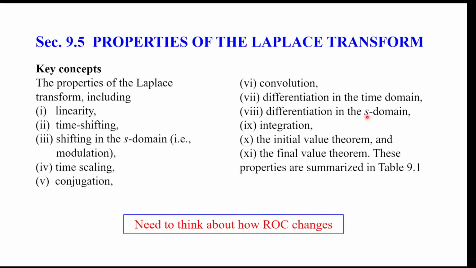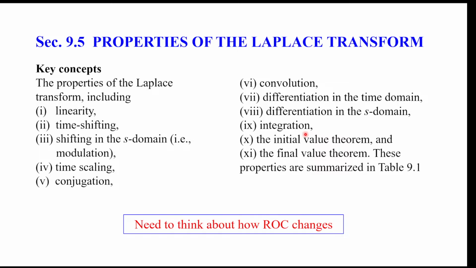And today we are going into a new topic: properties of the Laplace transform. This is very similar to the previous chapter where we talked about Fourier transforms, and so we have a whole bunch of properties like linearity, shifting property, conjugation, and differentiation.